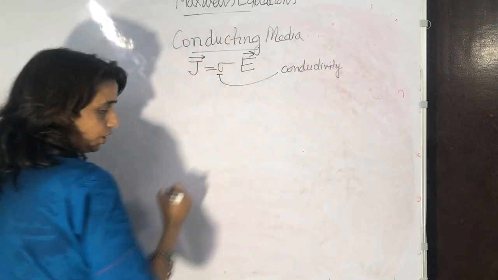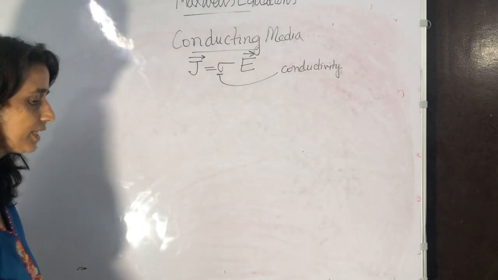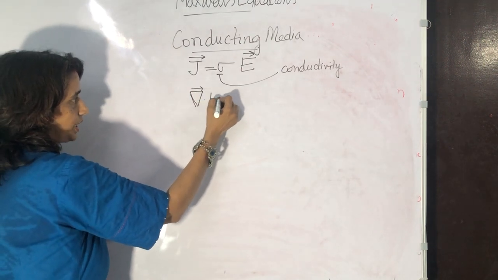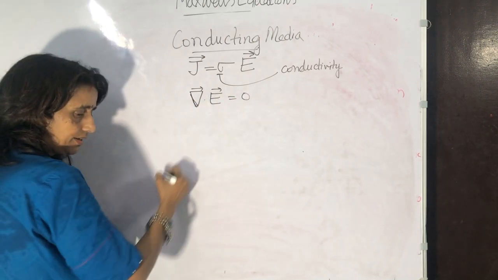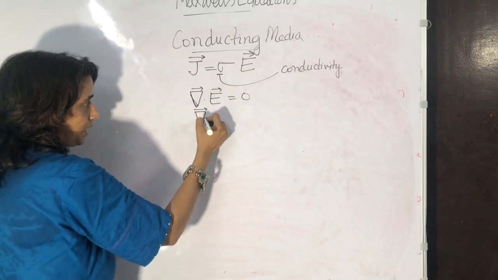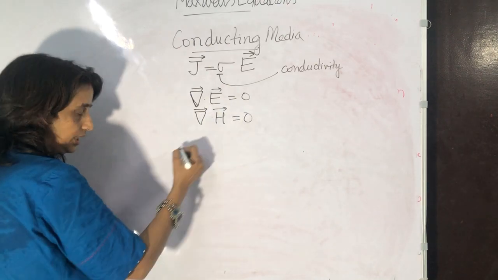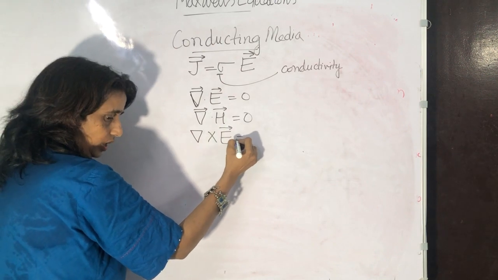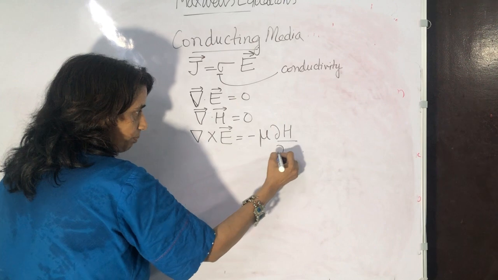And your Maxwell's equations for conducting media become del dot E equal to 0 and del dot H equal to 0, del cross E equal to minus mu del H by del t.